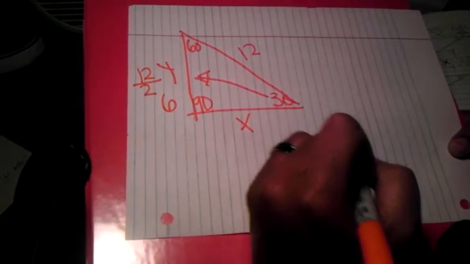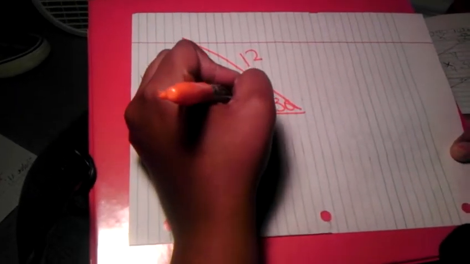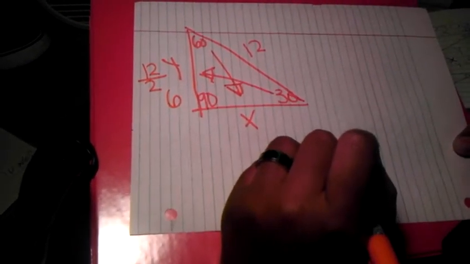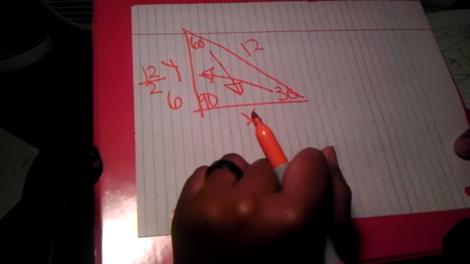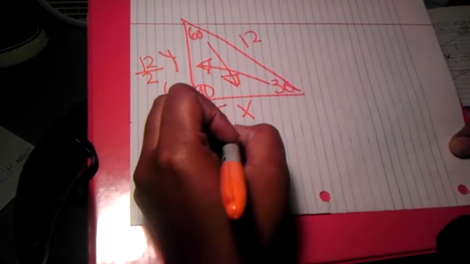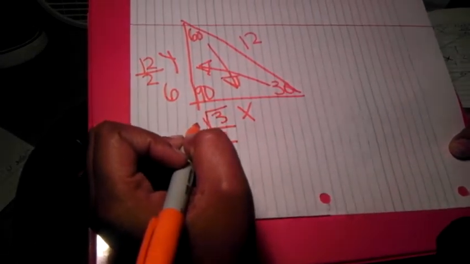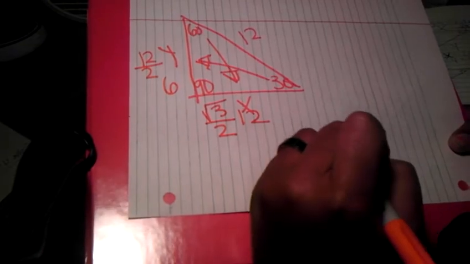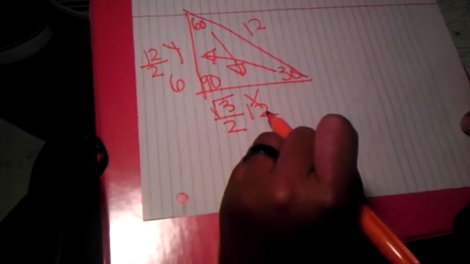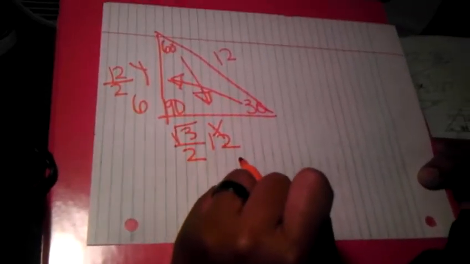And so now you have your long side, because that's all that's left. So what do you do? Yep, the square root of 3 over 2 times your hypotenuse. Oops, it's running all together, but you see, square root of 3 divided by 2 times 12.